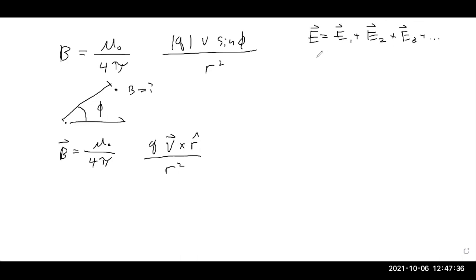If you've got multiple forces, the net force comes from the vector sum of the forces pushing and pulling on an object. And if you have multiple magnetic fields contributing to the magnetic field in an area, you can just add up the things that are contributing. But importantly, just like with forces and electric fields, they need to be added like vectors.